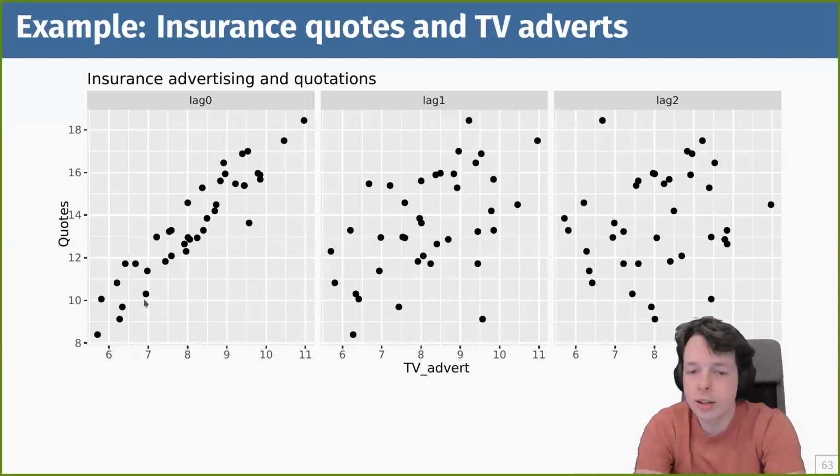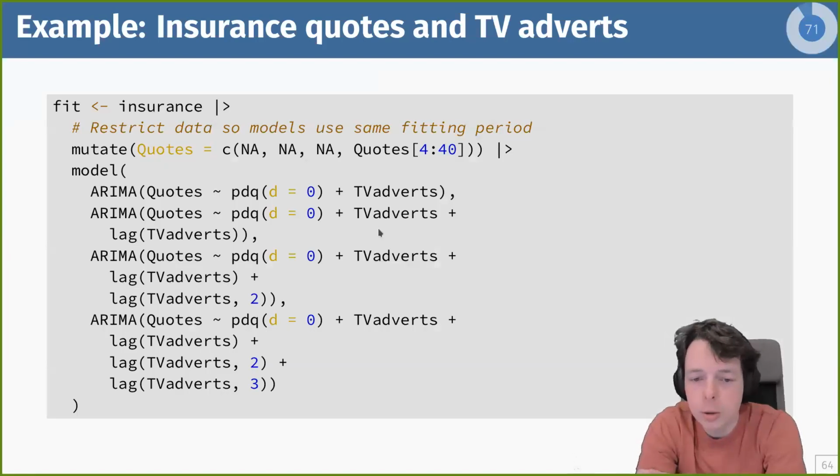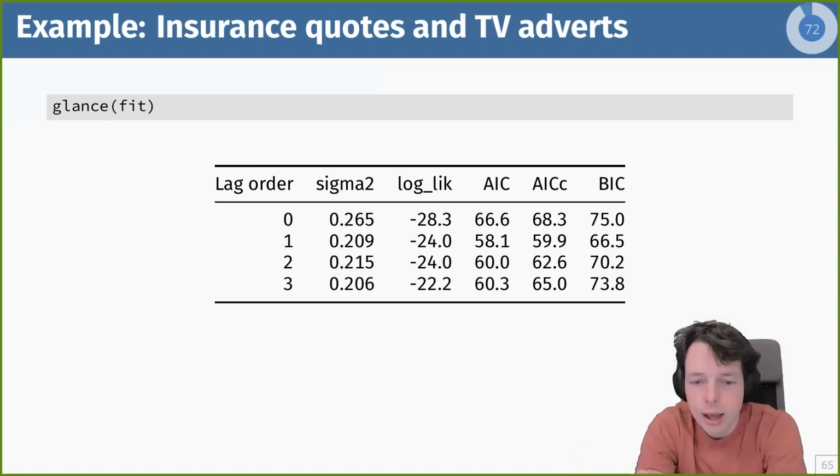So you can see lag 0 is strongly related, lag 1 is not really related, it's only slightly related, and lag 2 has no relation at all. So here we try all of the models, and we can look at the AICC and BICC to choose what the best lag order was.